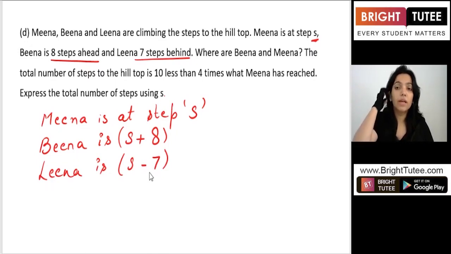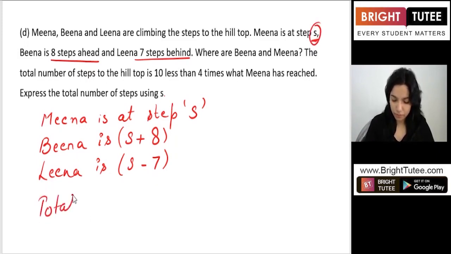Now we are given that the total number of steps to the hill is 10 less than 4 times Meena has reached. So Meena is given to be at step S. So let us write down total number of steps.